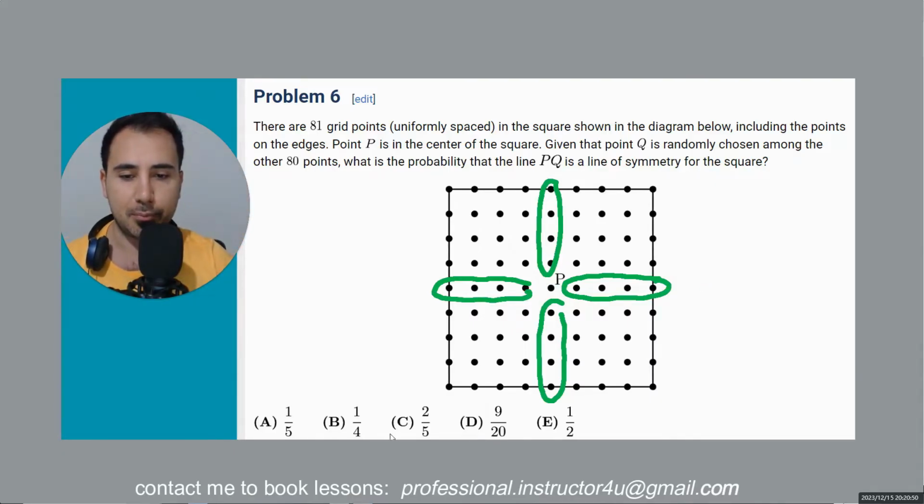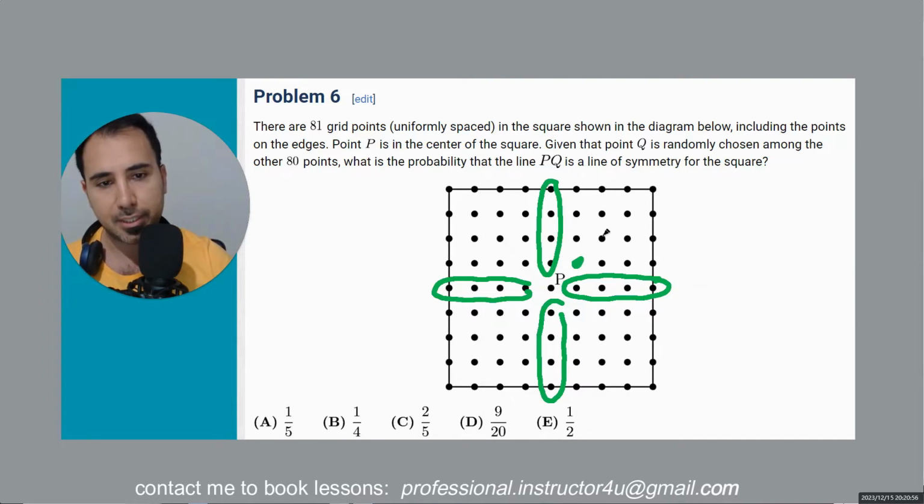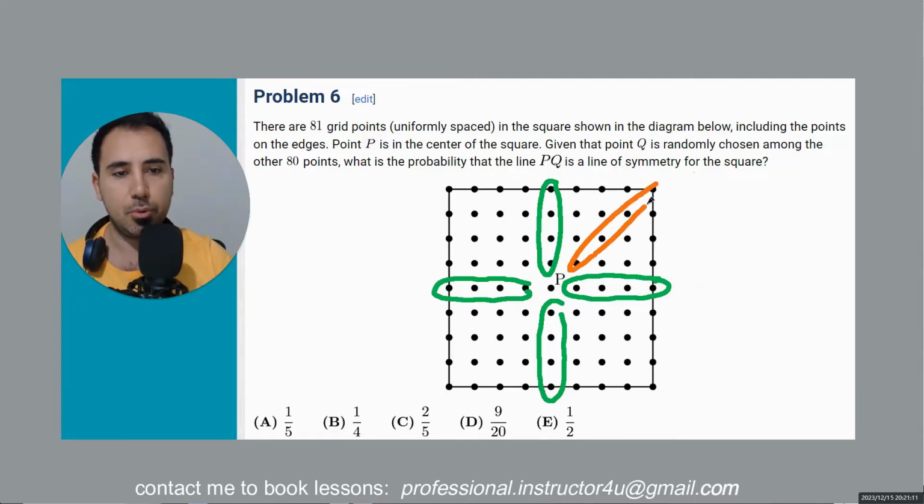But remember when we started earlier, if Q is any of these points, then you can connect these two, and you get this line, which is again another line of symmetry. So we just have to go these four, these four, these four, and these four.